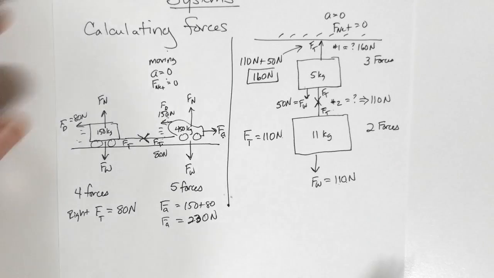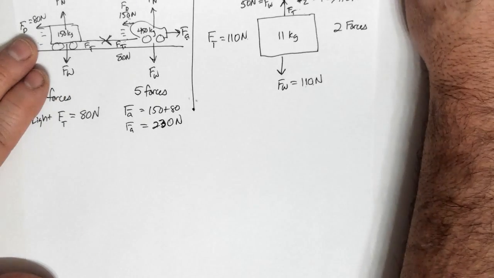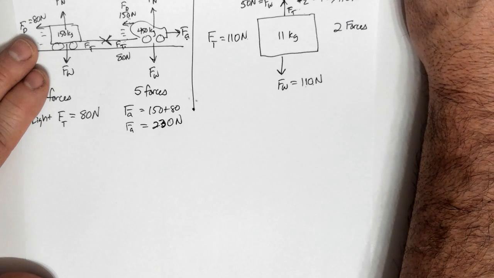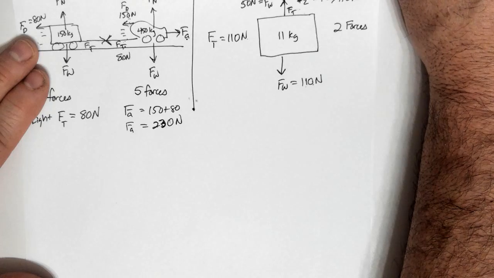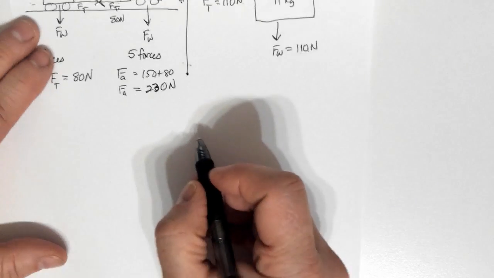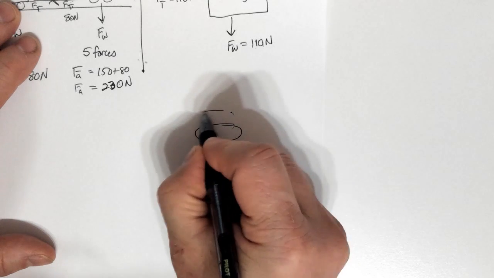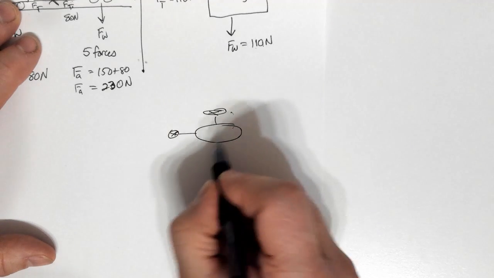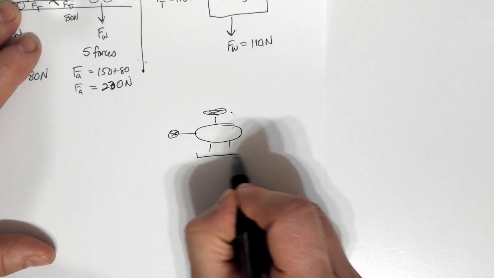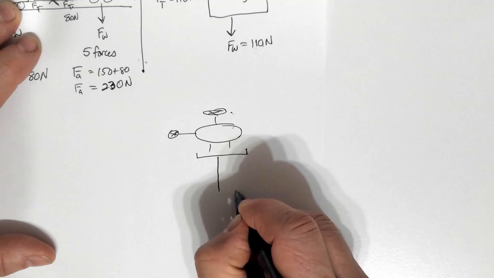Well, let's make it a little bit more difficult. Let's say I have a situation where I have a helicopter. And let's say this helicopter is moving upwards. So here we go. We have our helicopter. Got my helicopter propellers, my back propellers hooked there, and we've got this cable acting down on this big box.